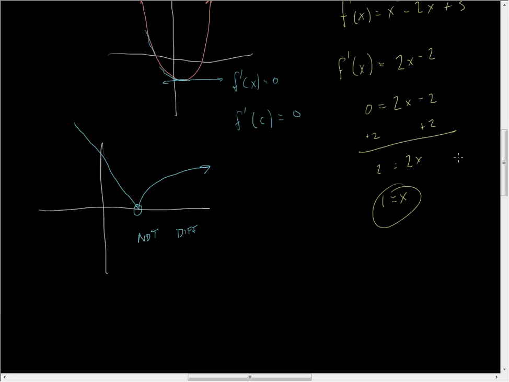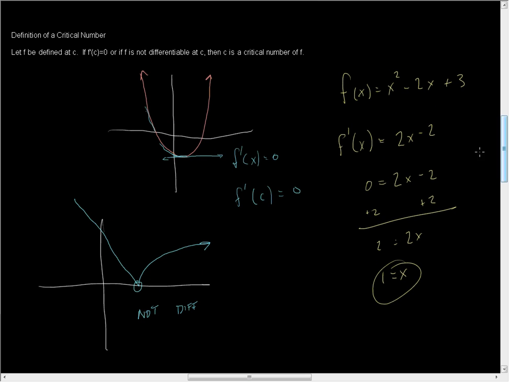Other critical points are, of course, jump discontinuities. If you're talking about a hole, or a step function where it steps up, then you have a discontinuity there, and you're not going to be able to get a derivative. We learned that before.